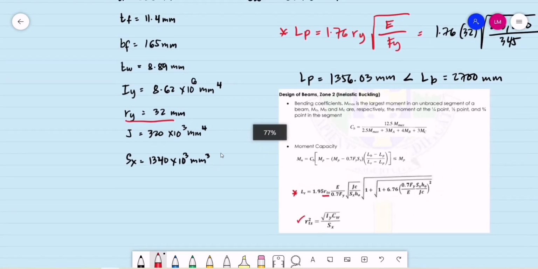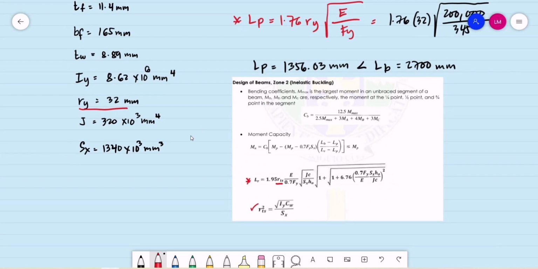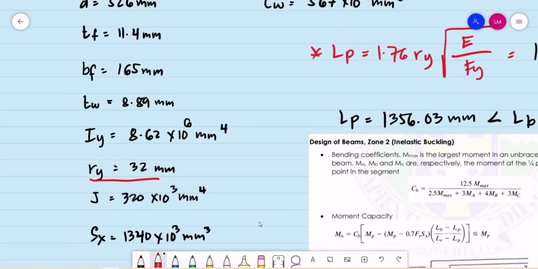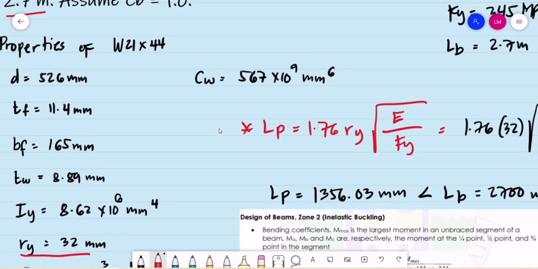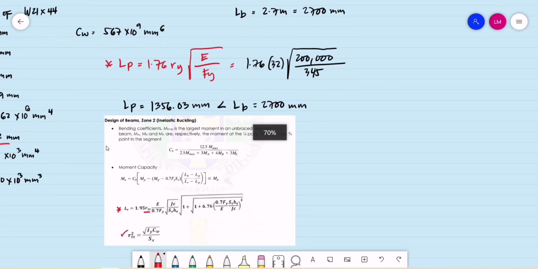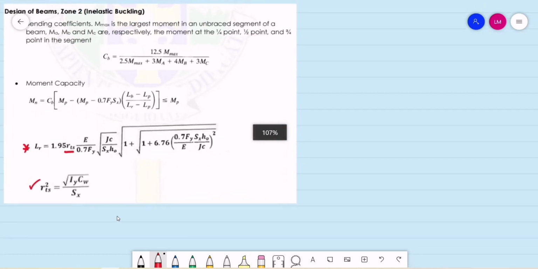We have those values, and yes, we have the value of C sub w here. It's 567 times 10 raised to 9 millimeters to the sixth. So let us compute the value of r sub ts squared.